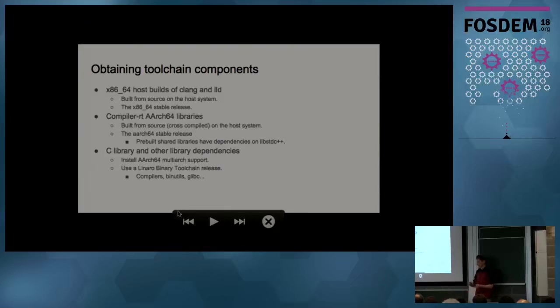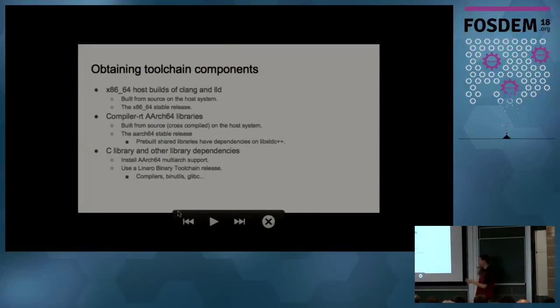If you download the AArch64 release, you'll have an AArch64 Clang that you won't be able to run on an x86 host. So you'll have to combine the bits from two if you want a full cross-compilation setup.